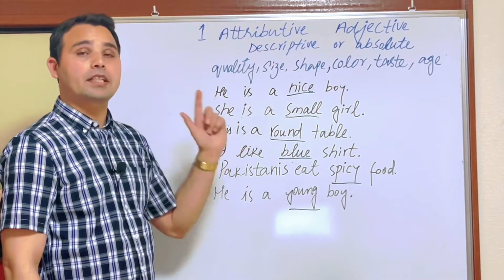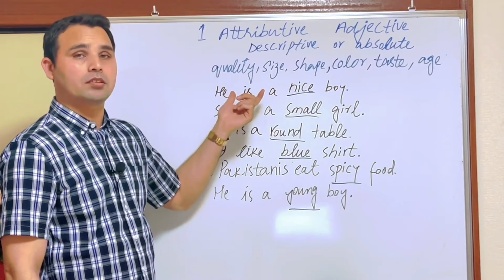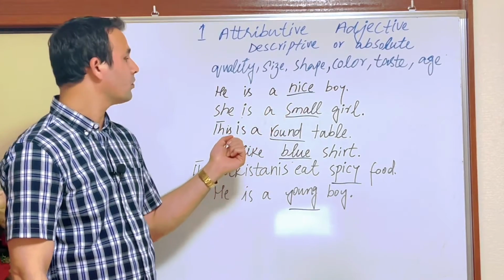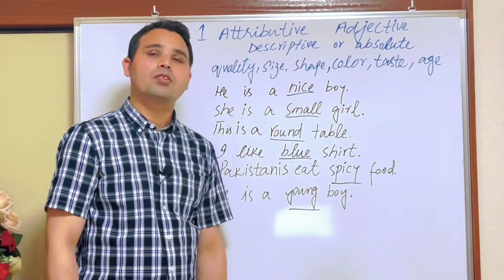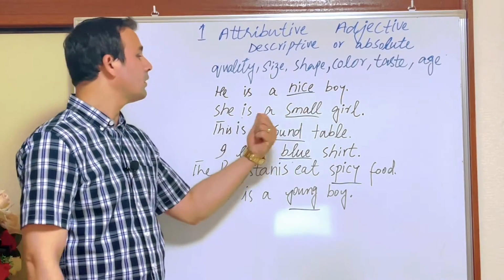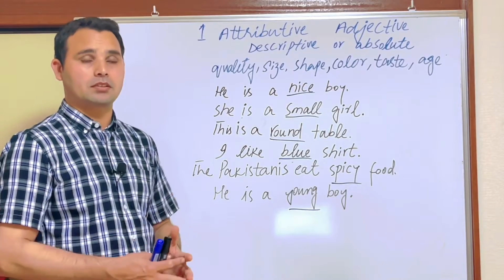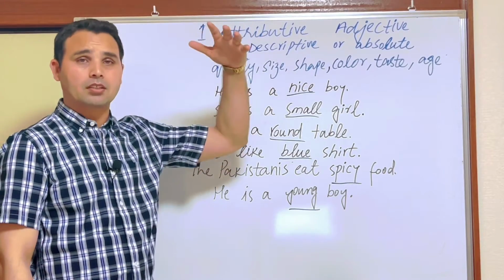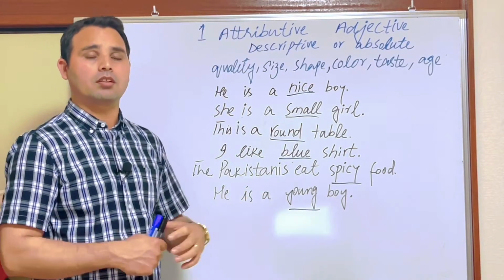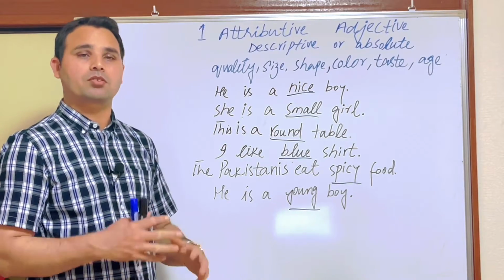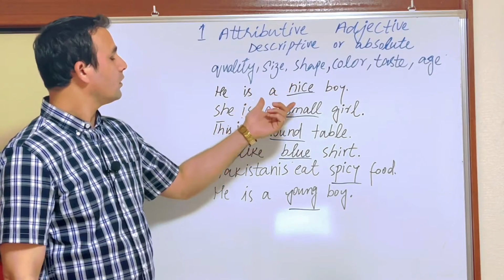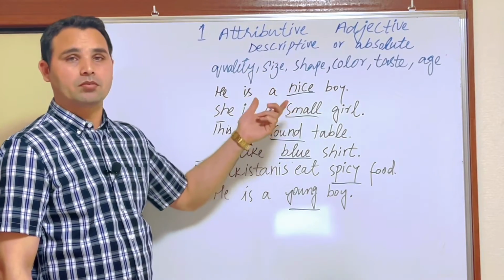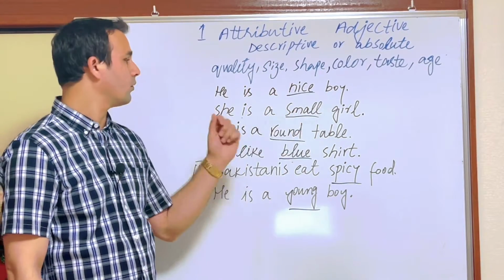So attributive adjectives will tell you about the quality of a noun or pronoun. They will also tell you about the size of a noun or pronoun, like she is a small girl, she is a big girl, she is a fat girl, or maybe she is a slim girl.